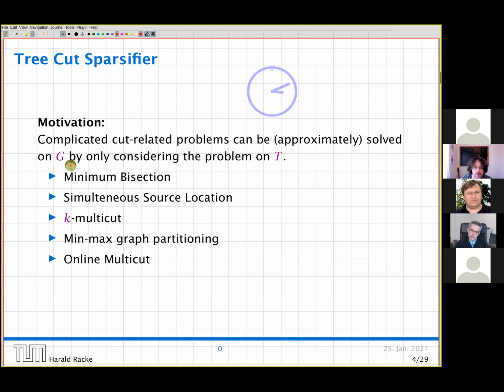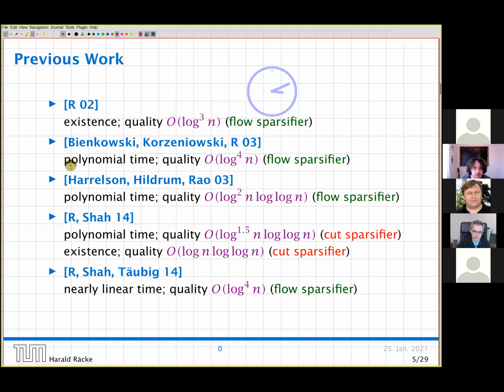Now, what kind of constructions exist there? Again, this goes a little bit through the previous work. I've worked a lot on this problem. Here I also have the concept of a flow sparsifier. A flow sparsifier is slightly different.